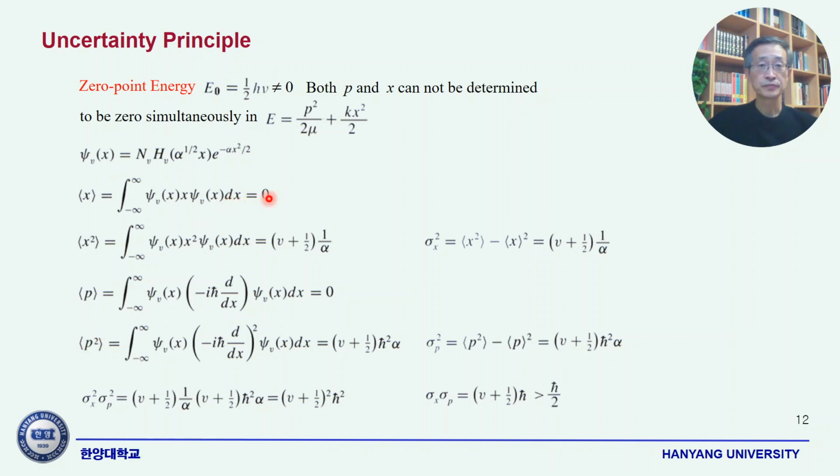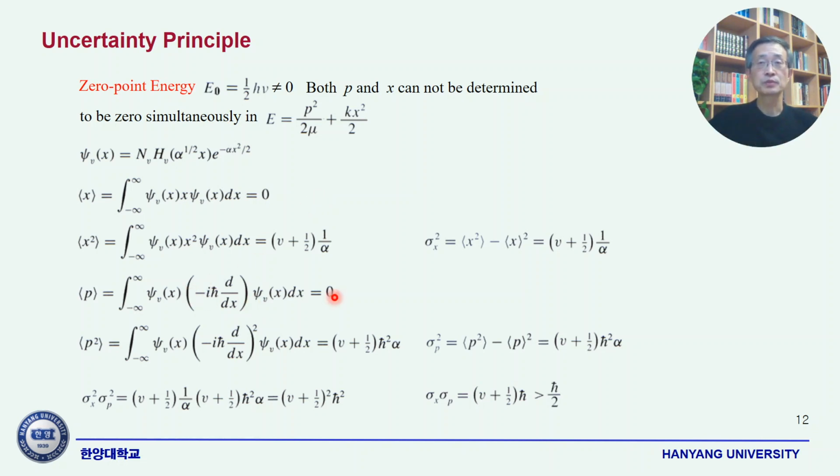Those are done: 0, (n plus 1/2) times 1 over alpha, 0, (n plus 1/2) times h bar squared alpha, just like that. This is reasonable because it could be understood easily, because the average position is just in the middle, just like a particle in a box.